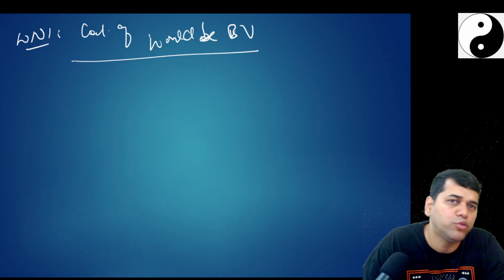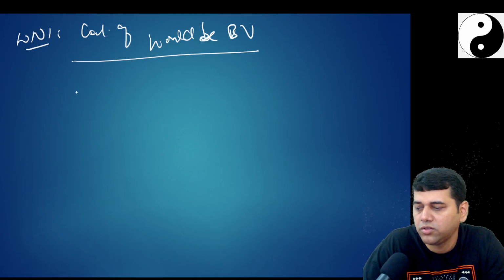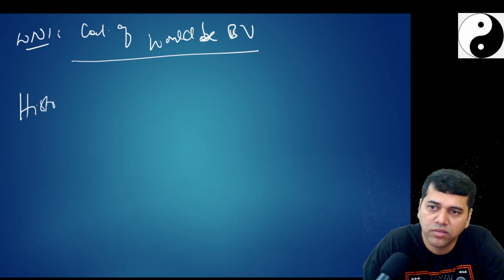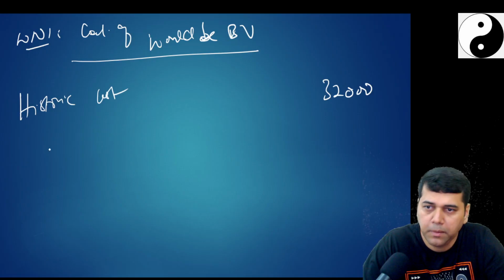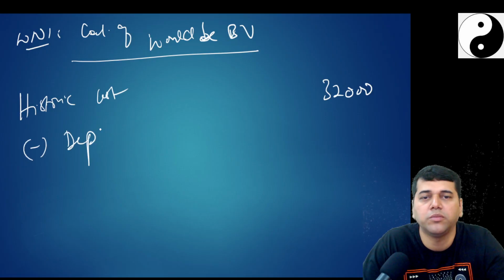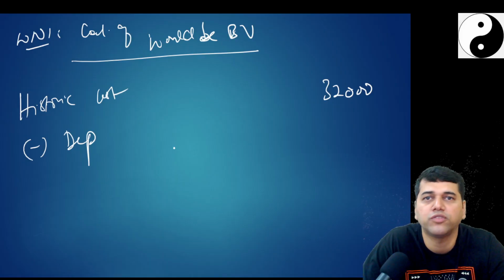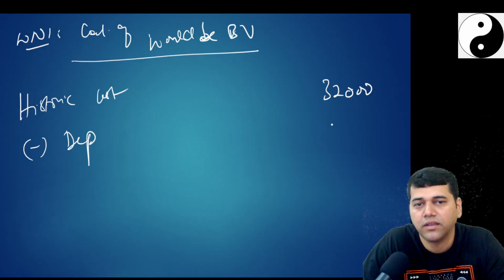If you don't find time, you do it there only. So, what is your historic cost? 3,20,000 minus depreciation, how much? If I would not have charged the impairment, can you tell me one amount here?